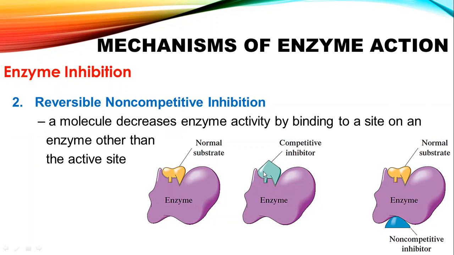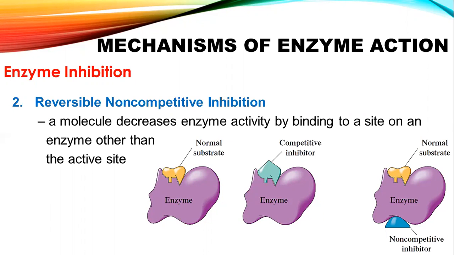Another substrate will form a covalent bond to a particular amino acid sa imong enzyme. Pag covalent bond formation na gani, lisod na siya tanggalon. So matawag na siya nga irreversible.